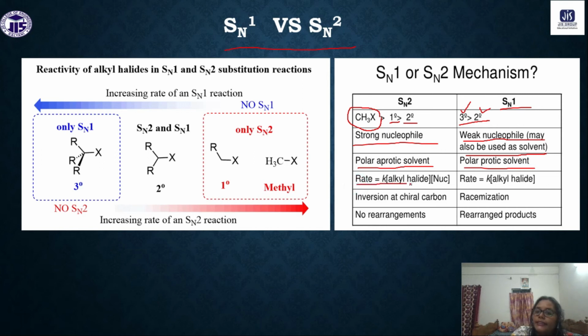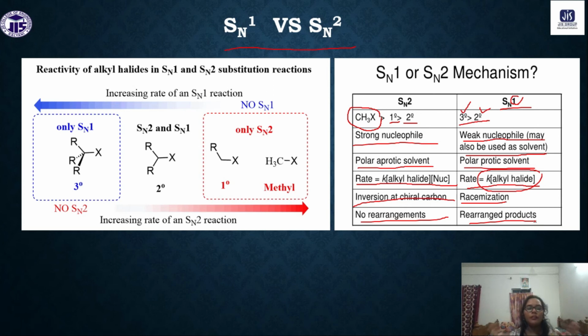For SN2, the rate depends on the alkyl halide and also on the nucleophile. The SN1 reaction is unimolecular, which is why the rate depends only on the alkyl halide, not on the nucleophile. Inversion of configuration takes place in SN2, and racemization takes place in SN1. There is no rearrangement in SN2, while in SN1 we get rearranged products.